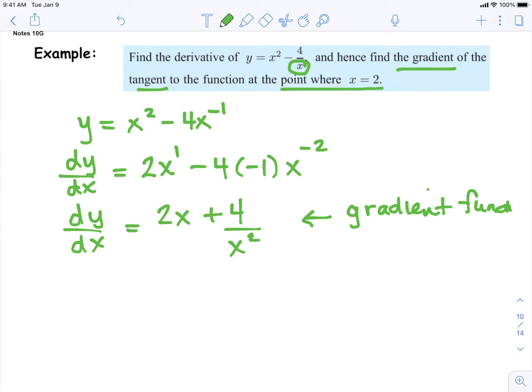It allows you to find the slope of any tangent at a point. So if we're asking you to find out at the point x equals 2, what would be its slope, you would let x equal 2 in the derivative function.